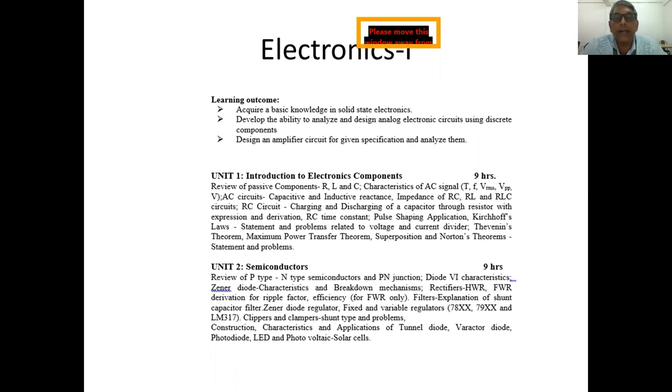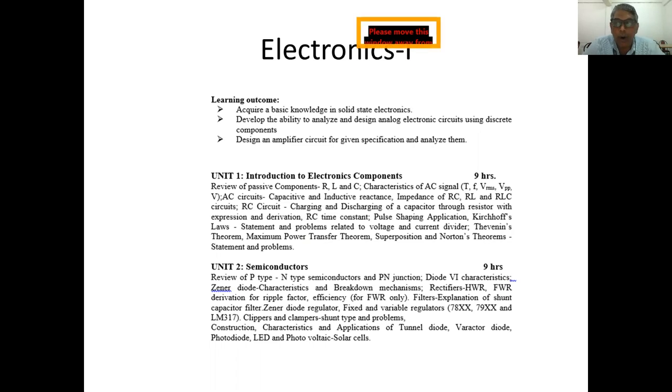At the end of Electronics 1, you are able to analyze and design some simple analog electronics using these discrete components, and also understand the importance of the amplifier circuit.